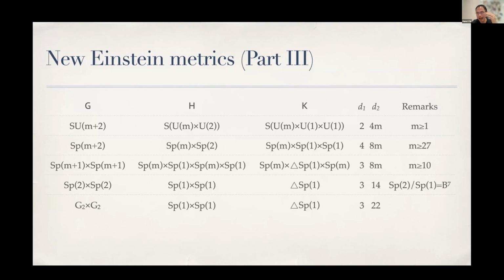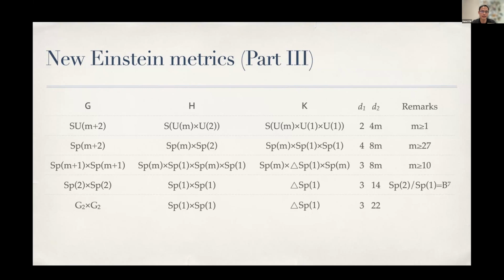And for the last three examples, the singular orbit is a product of two singular orbits that have been mentioned before, right? For the third example, it is just a product of two copies of HPM. And for the second last case, the singular orbit is two copies of Berger space.